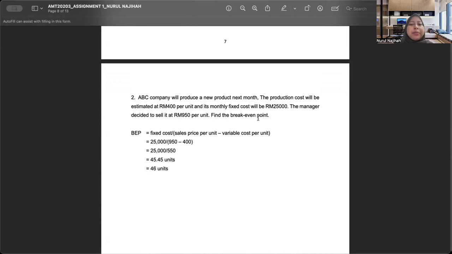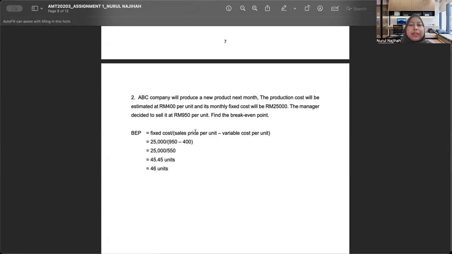Find the break-even point. So how to calculate the break-even point is we have to use the formula below, which is the fixed cost, which is already stated in the question. And then we need to find out what the contribution margin is.